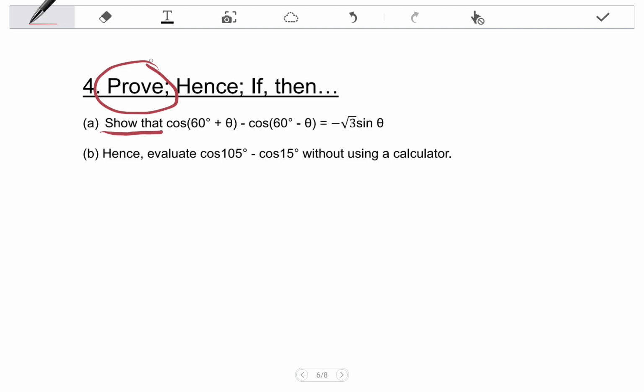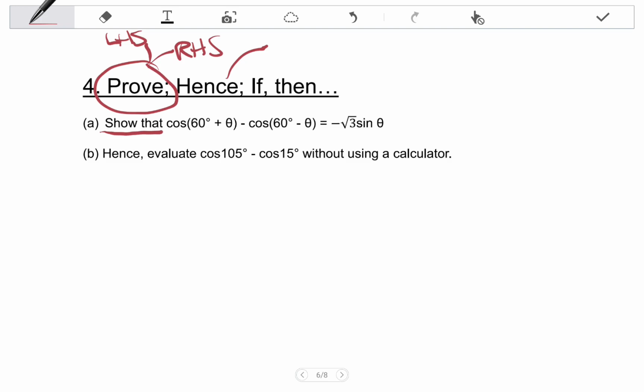It means that we have to split up the statement into its left-hand side and the right-hand side and work separately with each side, simplifying them to show that they are equal. And if they are equal, we have proven the statement true. Hence means use the previous question. And if it says hence, you must use the previous question.